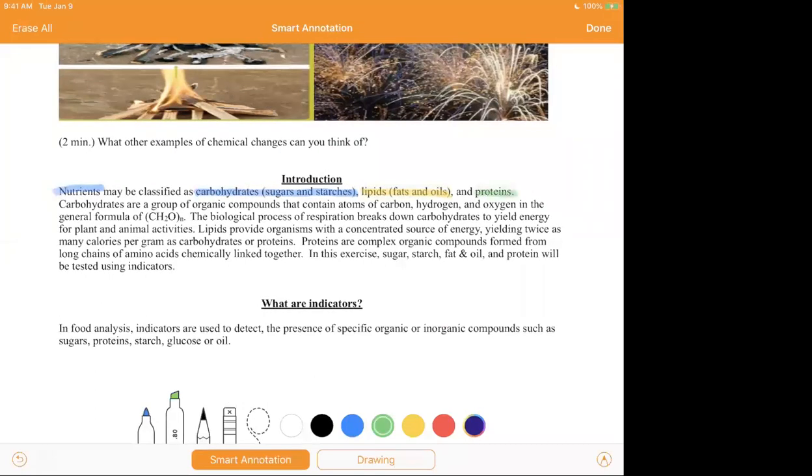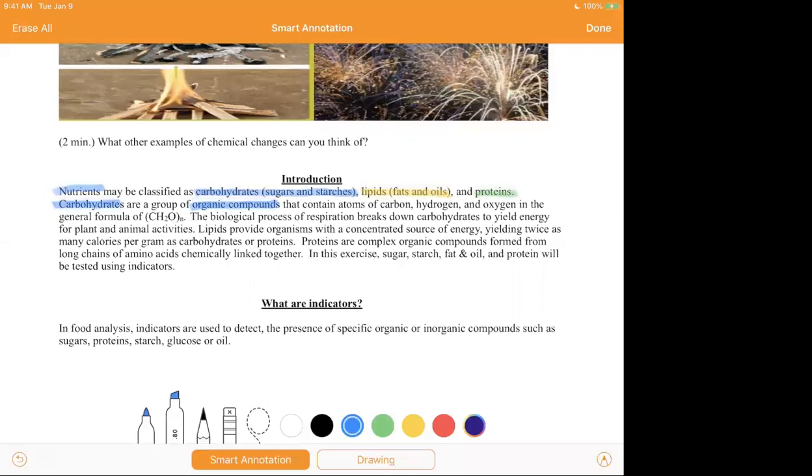Carbohydrates are a group of organic compounds that contain the atoms of carbon, hydrogen, and oxygen in the general formula CH2O, subscript n.